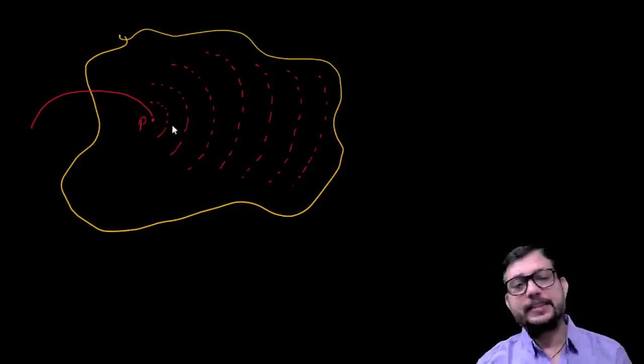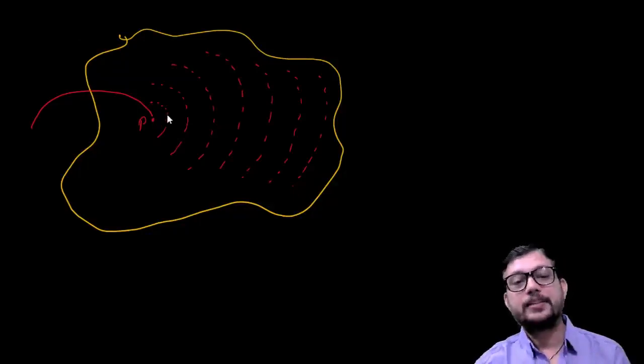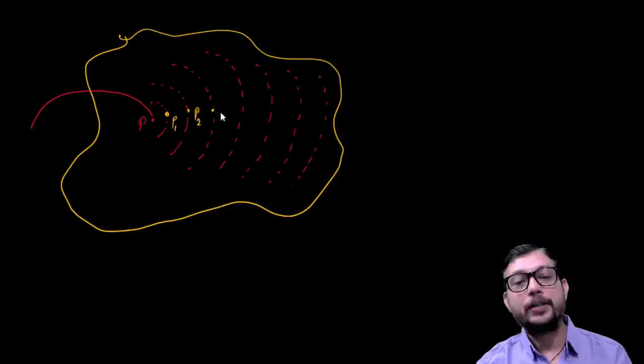It means if we talk about a point, let's suppose that be the point P1, this is point P2, let be point P3, let be point P4.